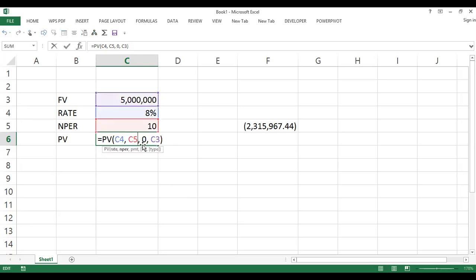For example, is it at the beginning of each year or the end? We usually just leave that as the default, which is zero, which is end, in most cases. Even if you don't put that, it defaults to zero, which is the usual thing.